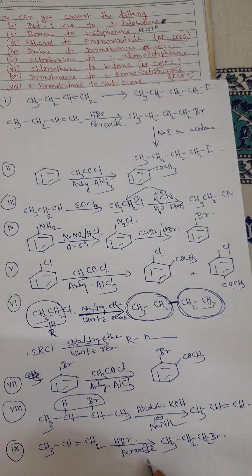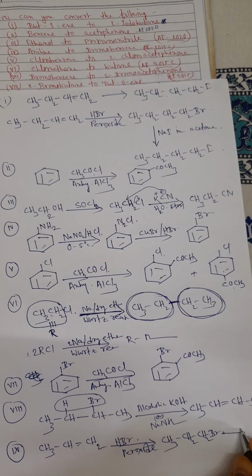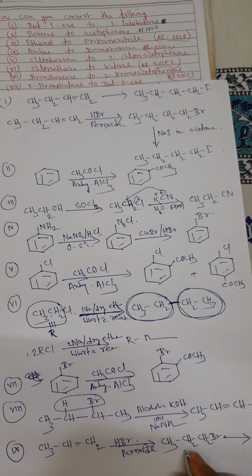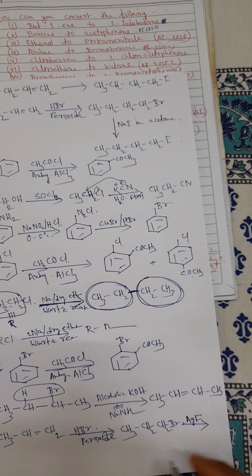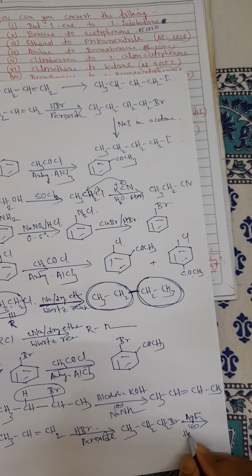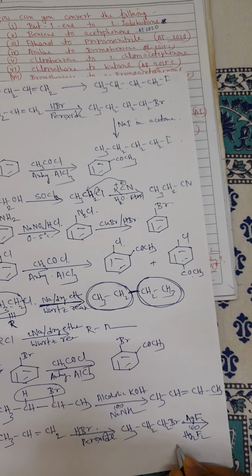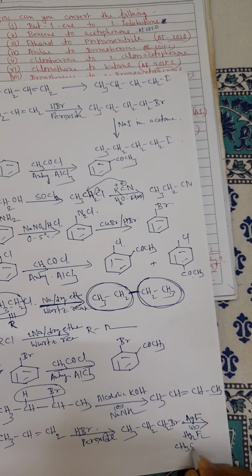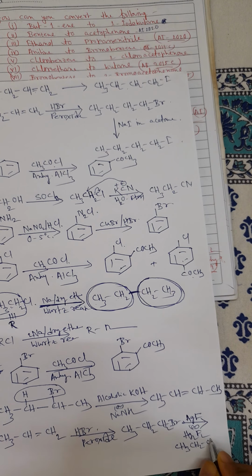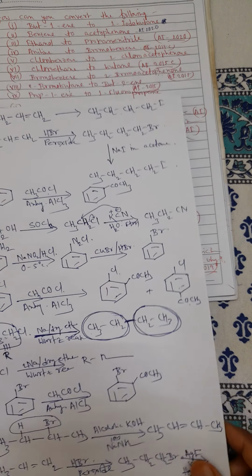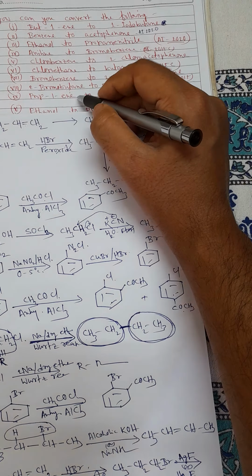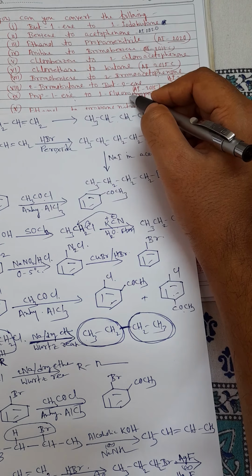Here HBr will add according to the anti-Markovnikov rule. Now when this is treated with AgF, this is the Swarts reaction, we know about that. When 1-bromopropane is treated with AgF or Hg2F2, then you will get CH3CH2CH2F, that is fluoropropane. Thus we can convert prop-1-ene into 1-fluoropropane.